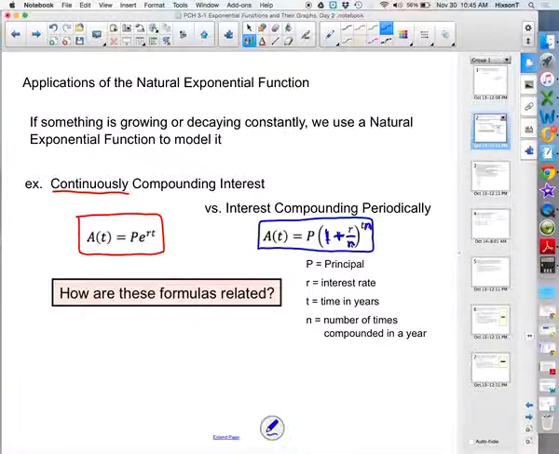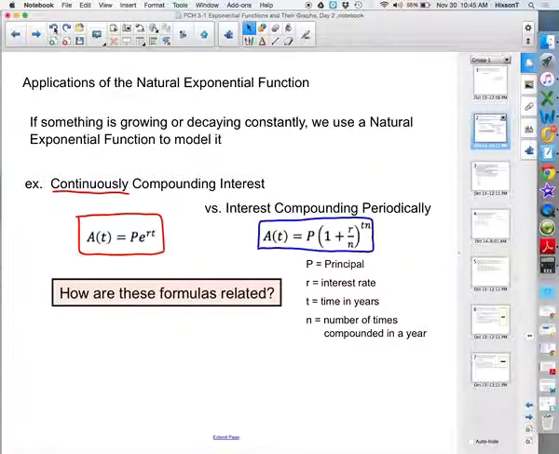See how e is kind of in there? And n is the number of times we're compounding. Well, if that number of times we're compounding approaches infinity, that's where we're getting the e from. Okay? So I want you to see how these are related. They're not just two random, totally unrelated formulas. There actually is a connection here.